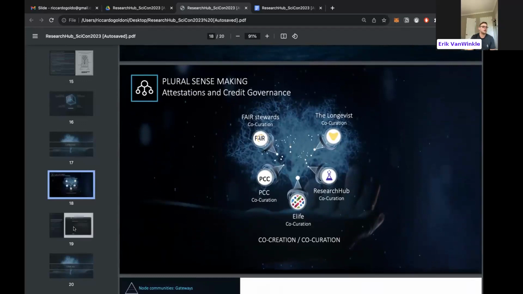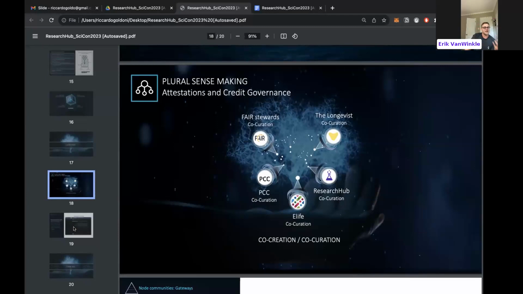Attestations are something that we've been a fan of for quite a while. So the idea that you can have one of these small true, false binary statements around a specific research object. So you can say, yes, this research object has open data, or yes, this research object is reproducible.